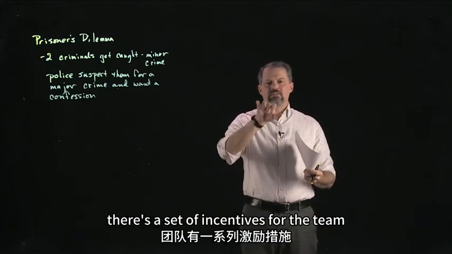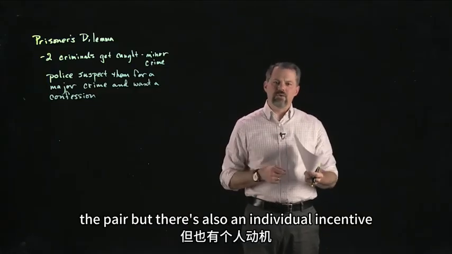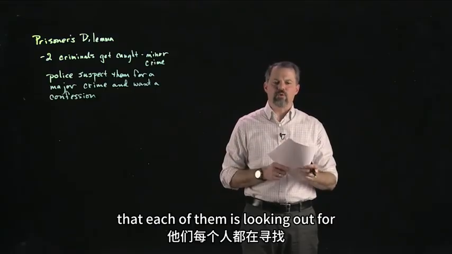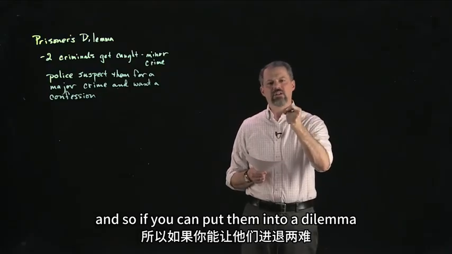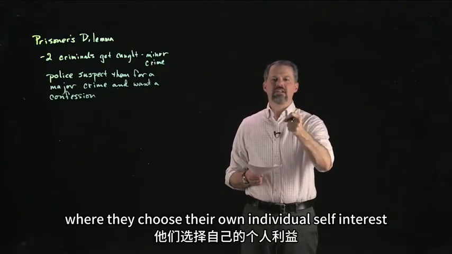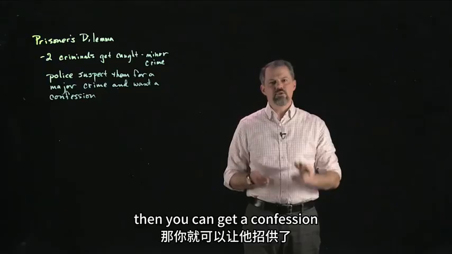There's a set of incentives for the team of the criminals, the pair, but there's also an individual incentive that each of them is looking out for, individual self-interest. And so if you can put them into a dilemma where they choose their own individual self-interest over the team's interest, then you can get a confession.